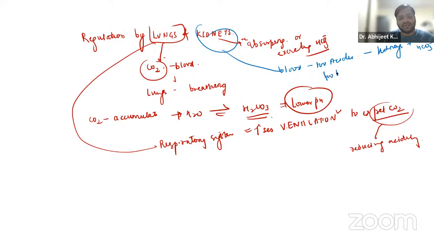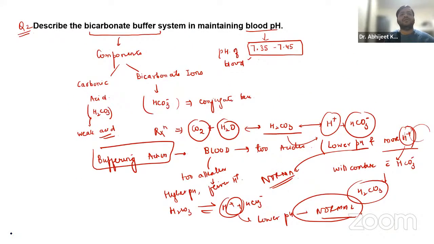But if the blood is too alkaline, the kidneys will excrete bicarbonate. That is how they are being regulated. So this was regarding the bicarbonate buffer system and how it helps in maintaining the blood pH.